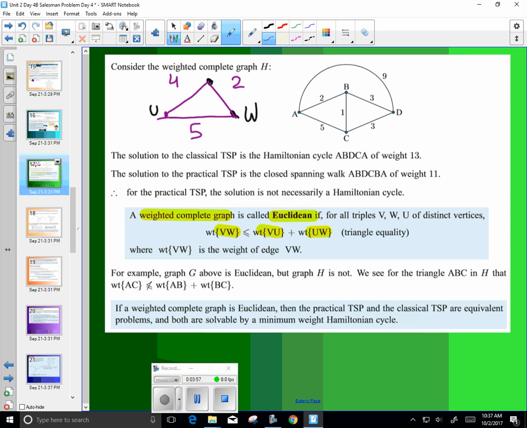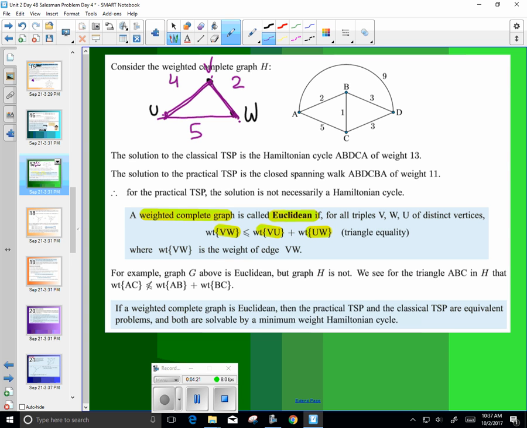So going from U to connect these, are you going to want to go U, V, W, and then back here? Or do you want to double up on 4, 2? Do you want to go U, V, W, then back to V and back to U? Which is the least for those?